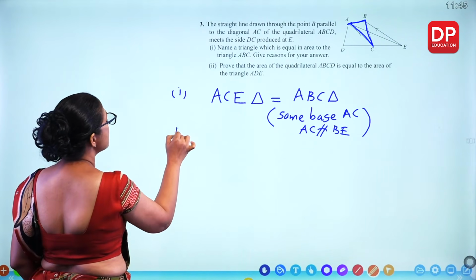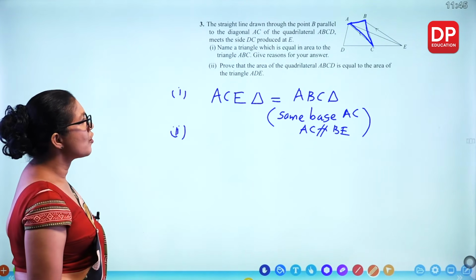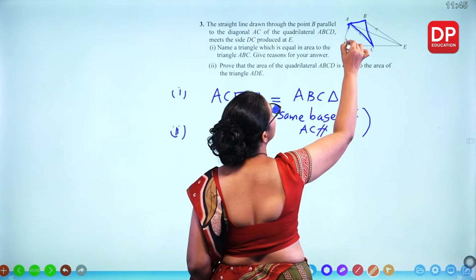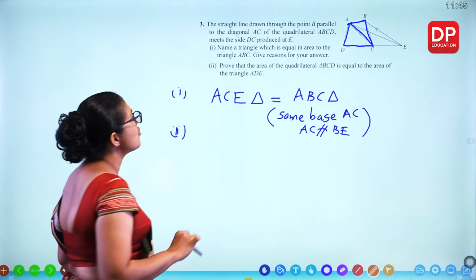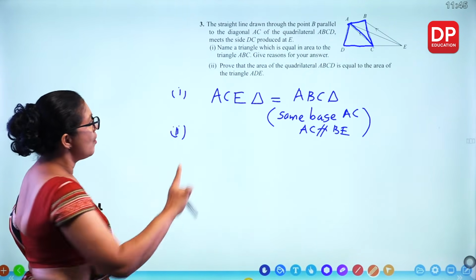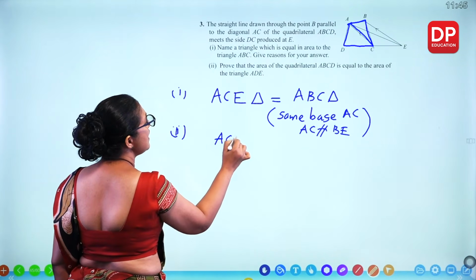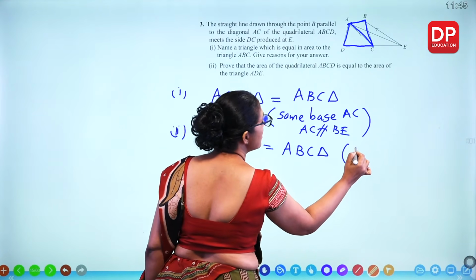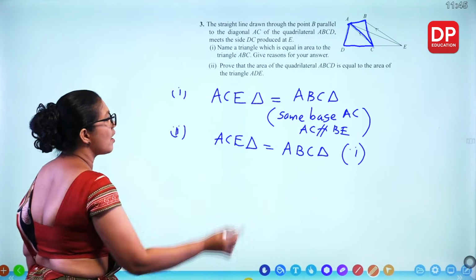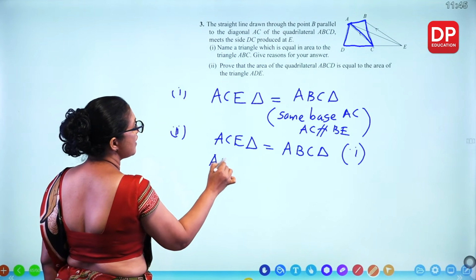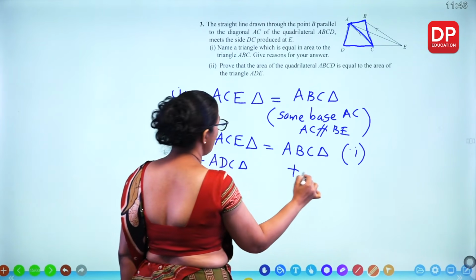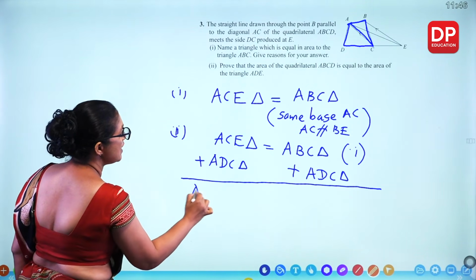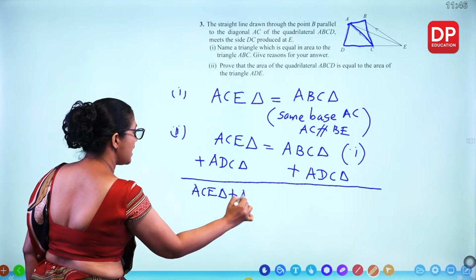And the second part, prove that the area of the quadrilateral ABCD is equal to triangle ADE. Now we found triangle ACE is equal to triangle ABC from part 1. I am adding triangle ADC to both sides. I am getting triangle ACE plus ADC.